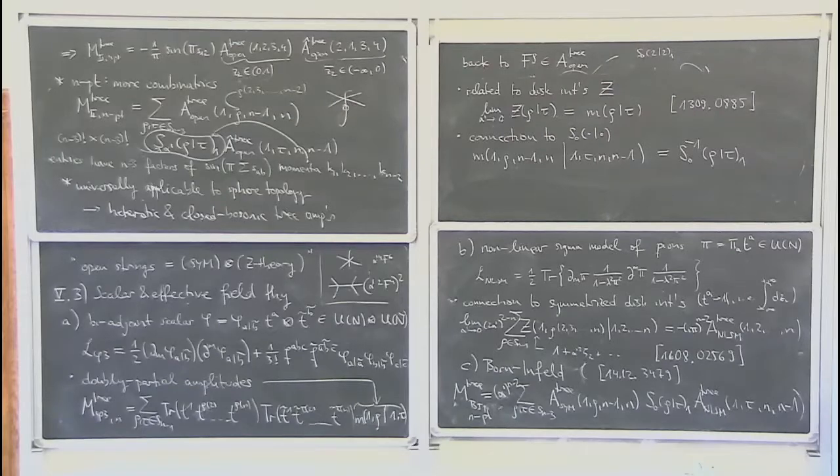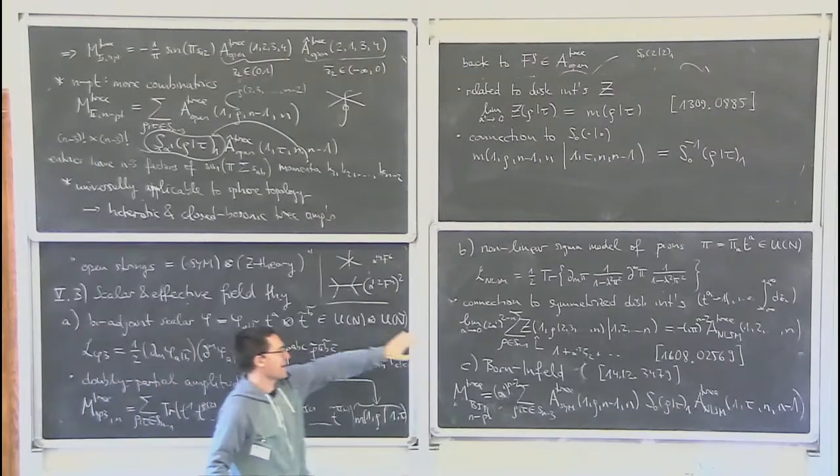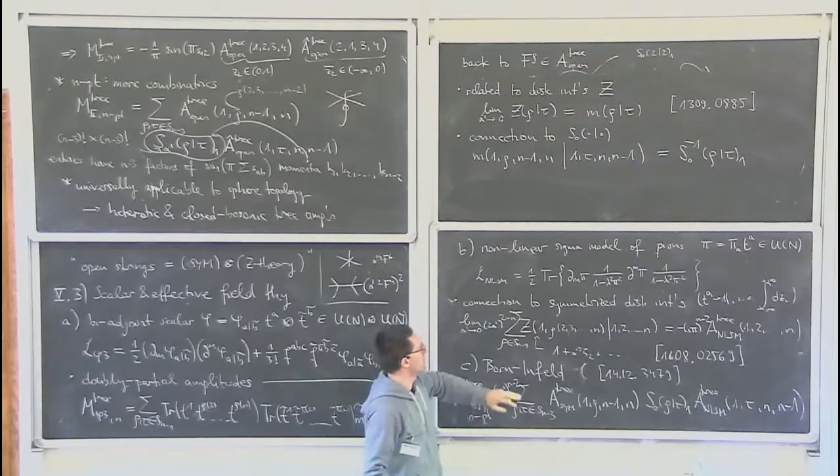And to everything I was saying in the last 15 minutes, you can repeat the statements at finite alpha prime. You can do an order-by-order expansion of the disk integrals. Then you can work out alpha prime corrections to the bi-adjoint scalars. You can furthermore track the subleading orders in alpha prime after the symmetrization. And then you get some alpha prime corrections to the pion.